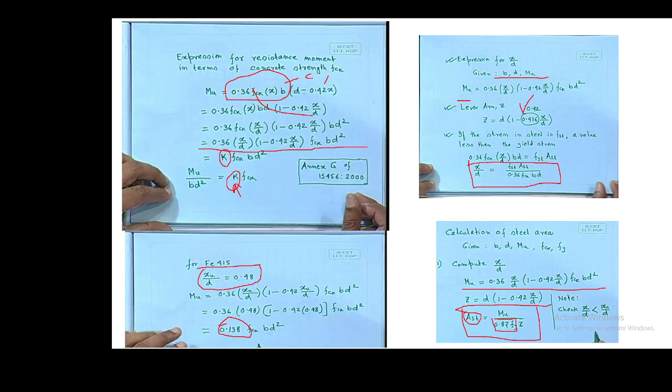So AST calculation is like this. By dividing by 0.87 Fy and then Z, the lever arm, we'll get the AST, which is the area of the steel. For that we always have to check that XU by D is less than XU max by D, which is the balanced one, and it should be less than that, which means an under reinforced section.